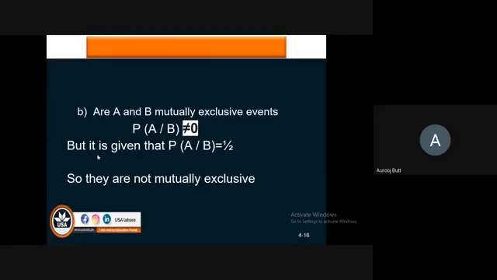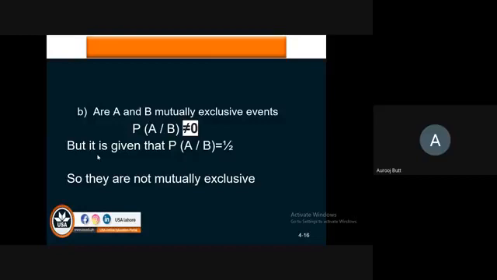If probability A intersection B is equal to 0, then we can say that the events are mutually exclusive. Because what was the concept of mutually exclusive? Simply, suppose you have two events, events A and B, and nothing is common in between both of these events, then we just say that the events are mutually exclusive. If something common occurs between both of these events, then we'll just say that the events are not mutually exclusive.